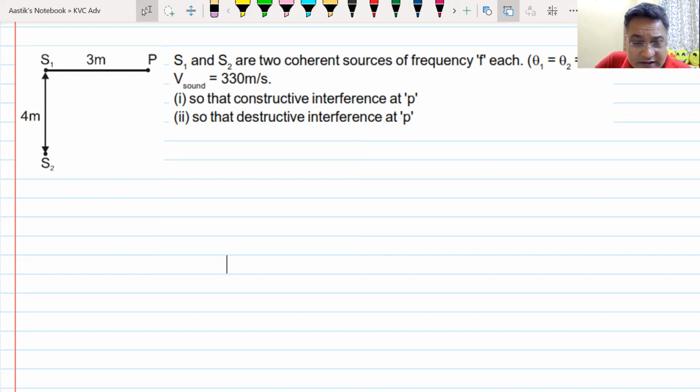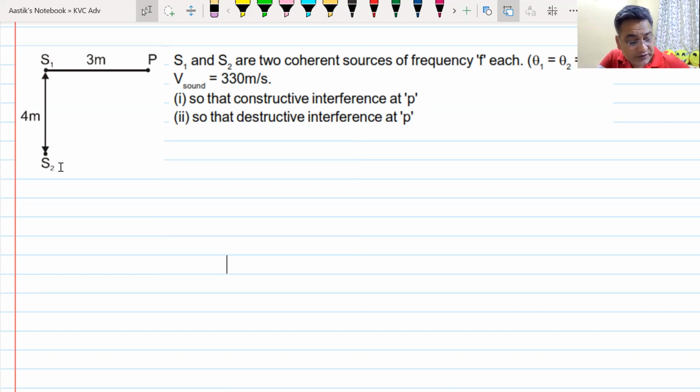The angles theta 1 and theta 2, or phi and phi 1, are 0. The velocity of sound is 330 meter per second. The question is not complete and we have not seen what is constructive interference. So we will do this question after we have understood what constructive and destructive interference are. We have not seen that part.